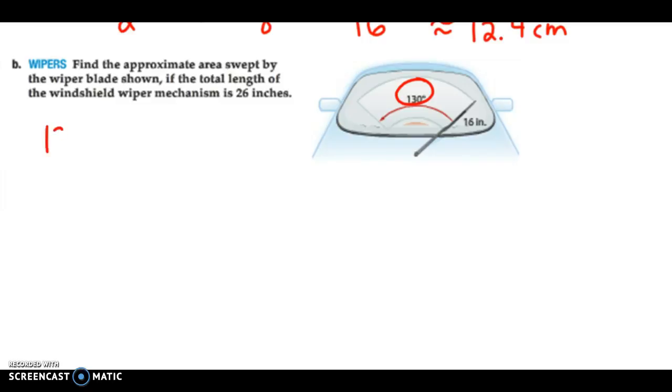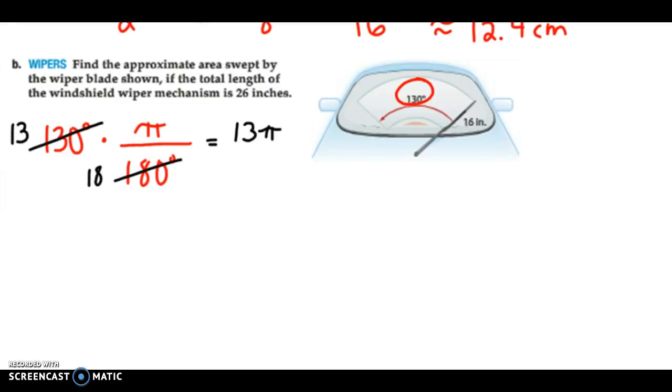So I take 130 degrees times pi on top, 180 degrees on bottom. Okay, how can I simplify this further? Well, a 10 goes into both of them, so this is going to be 13 on top, this will be 18 on bottom, and so I get 13 pi over 18 is what my measure is in radians.